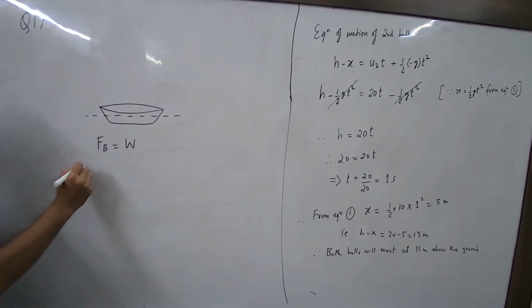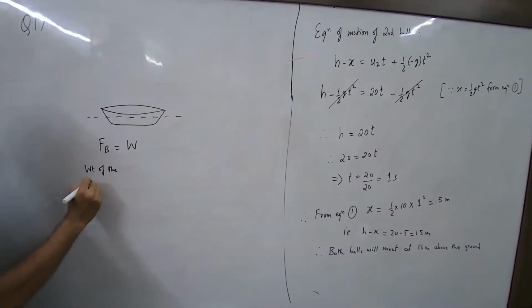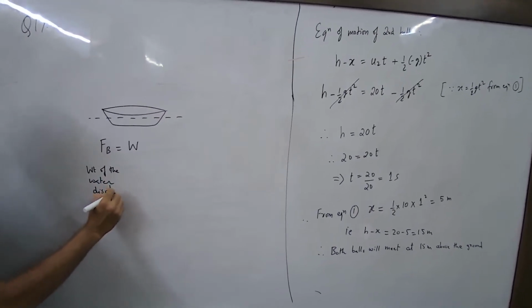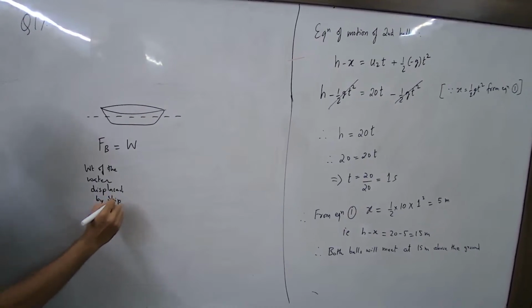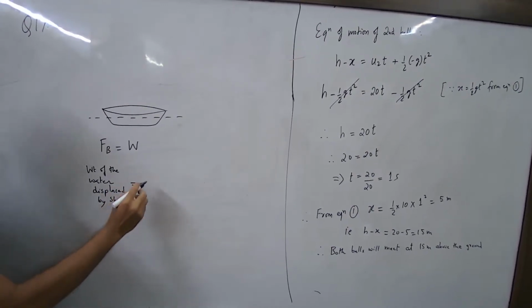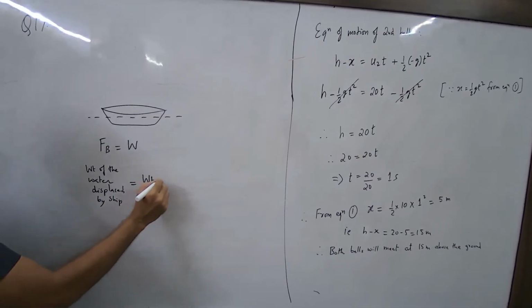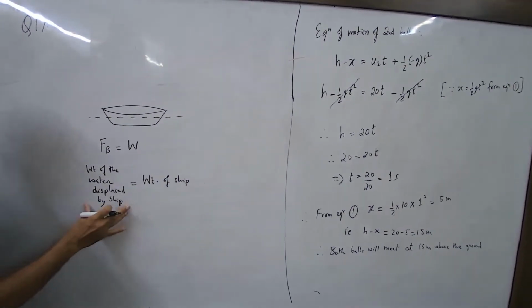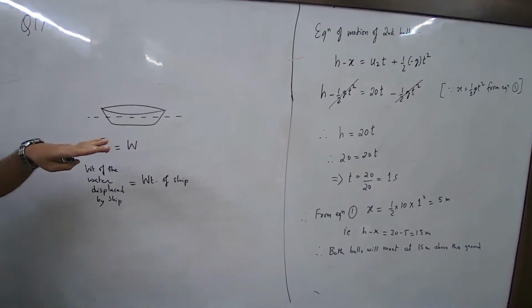So what is this upthrust? It is the weight of the water displaced by the ship, is equal to the weight of the ship. So when upthrust is equal to the weight of the ship, only then the ship will float. Clear?